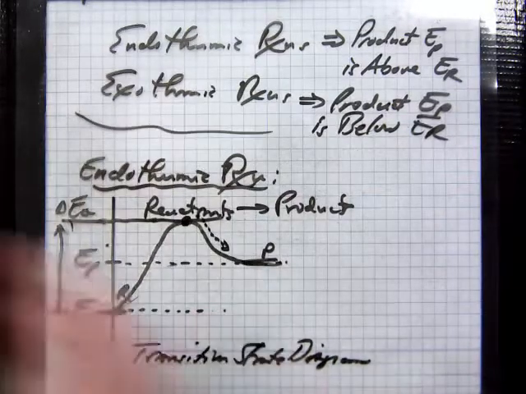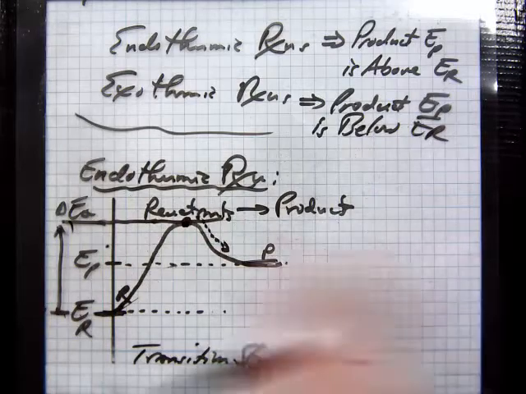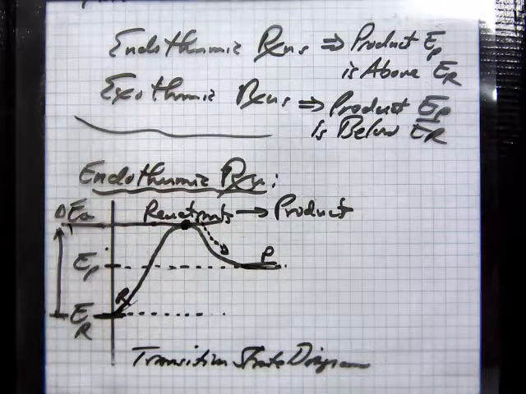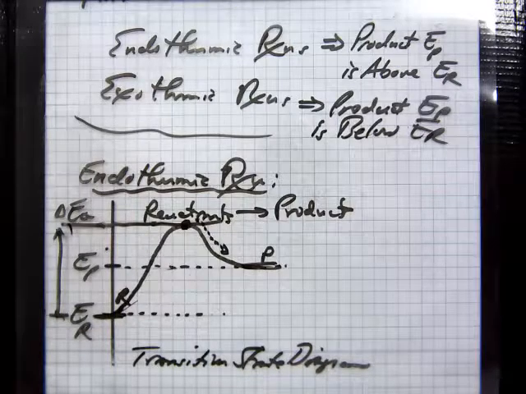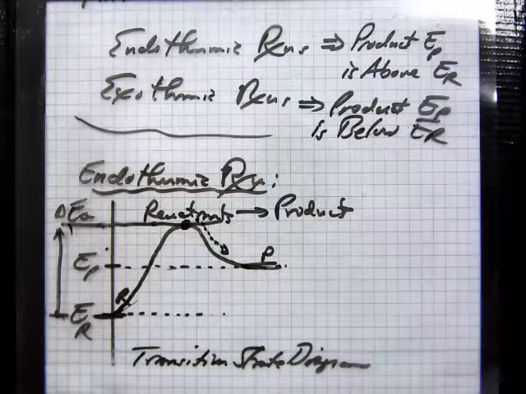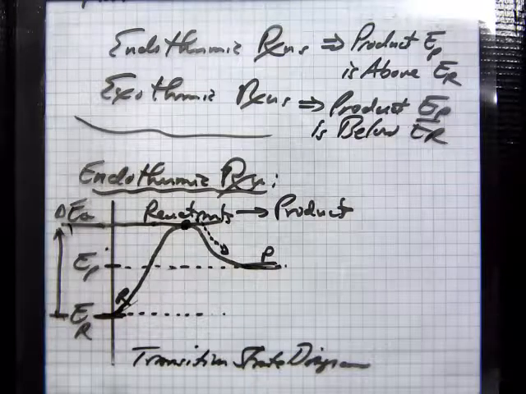Every chemical reaction has its own personal transition. Some of them have several humps in them. But in order to get to the product side, heat energy has to be applied to the reactants to push them up to the activation energy so they can roll downhill to wherever they're going to wind up.